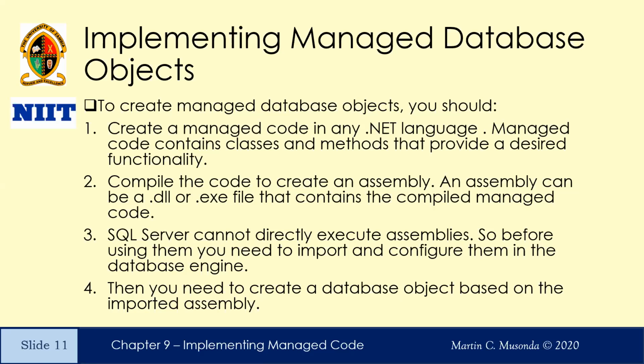Managed code contains classes and methods that provide a desired functionality. Step 2, compile the code to create what is called an assembly. An assembly can be a .dll or .exe file that contains the compiled managed code. Again, this shouldn't be new. I alluded to this in one of the earlier chapters.